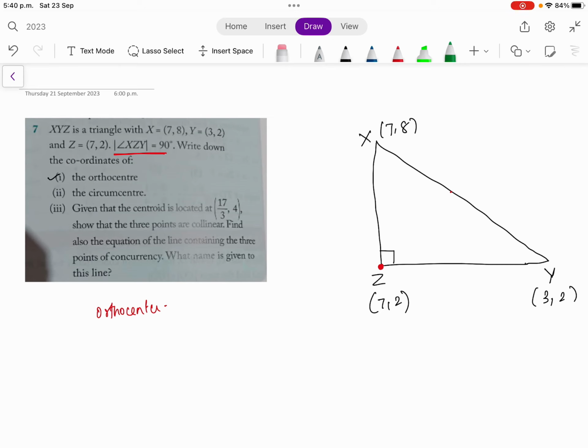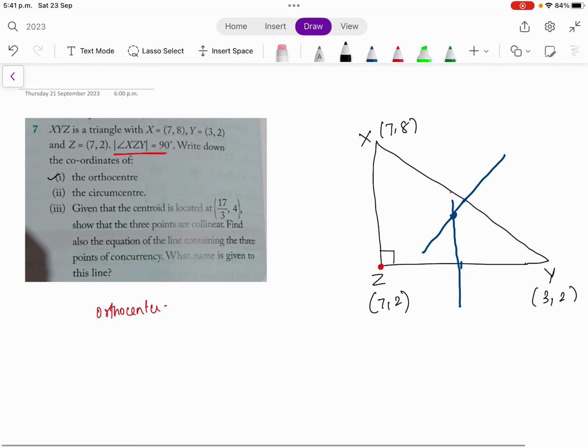If I take the side XY, I need to find the midpoint of XY, and then draw a perpendicular bisector like this. Similarly, if I take the side ZY, I find the midpoint and draw a perpendicular bisector, and the meeting point of those is the circumcenter.